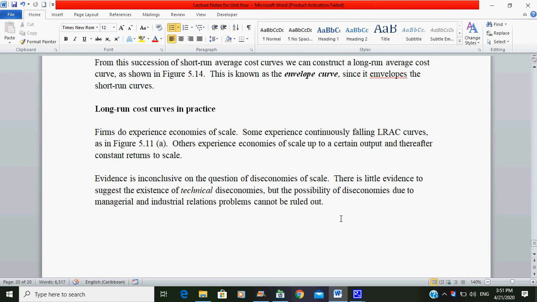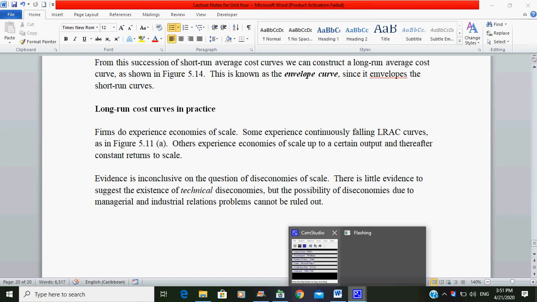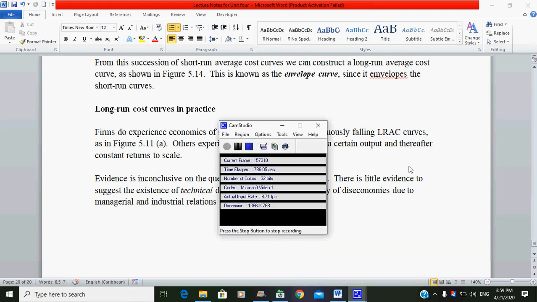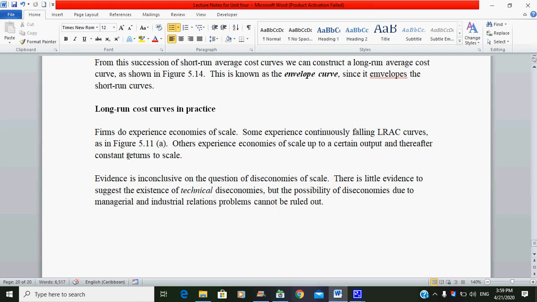Now the last thing we look at is long run cost curves in practice. Firms do experience economies of scale, right? Some experience continuously falling LRAC curves, as in figure 5.11, diagram A. Others experience economies of scale up to a certain output and thereafter constant returns to scale, as we have seen before.